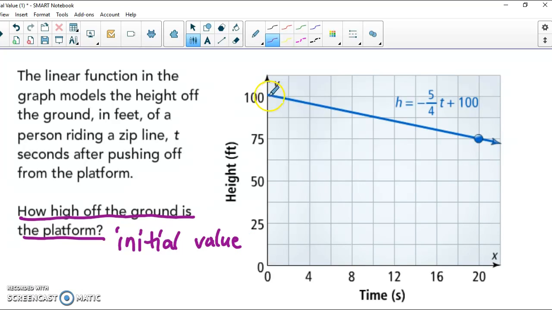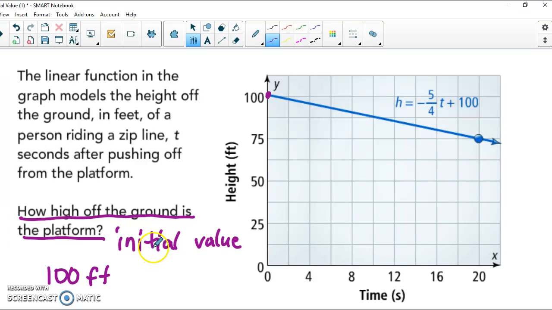So on my graph, that would look like my y-intercept. So as I look at my graph, I see that this linear function crosses the y-axis at 100. And I know that my y-axis is measuring height in feet, so 100 stands for 100 feet.